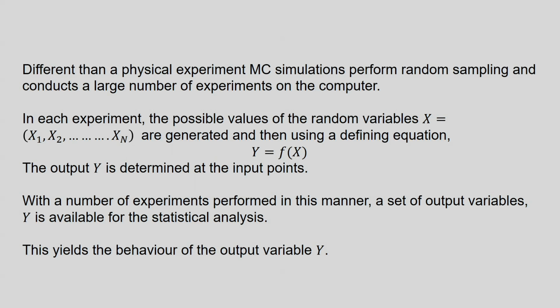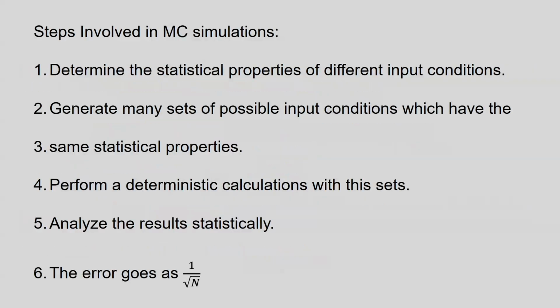With a large number of experiments performed in this manner, a set of output variables y is available for statistical analysis. Once we analyze it, we get the behavior of the output variable y, and this is what we want to understand.